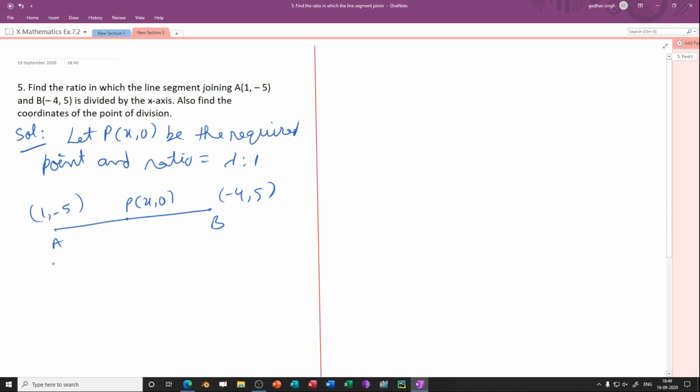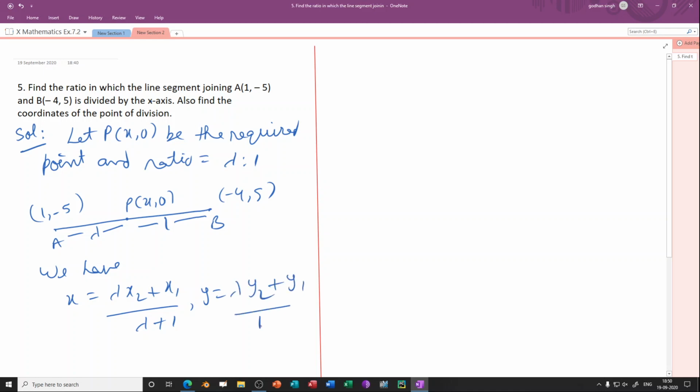Now, since the ratio is not given to us, we'll take the second form of section formula. So let us write down that we have x equal to lambda into x2 plus x1 over lambda plus 1, and y equal to lambda into y2 plus y1 over lambda plus 1. Now, out of these, x is not known to us. So we'll take the help of the y coordinate, that is 0.